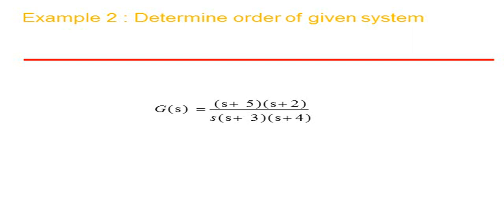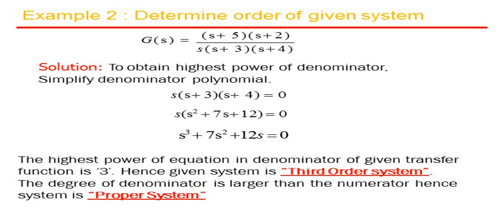Let us explain this with one example. One transfer function is given, G of S is equal to S plus 5 into S plus 2 divided by S into S plus 3 into S plus 4.